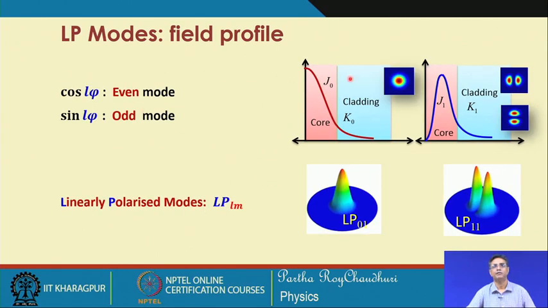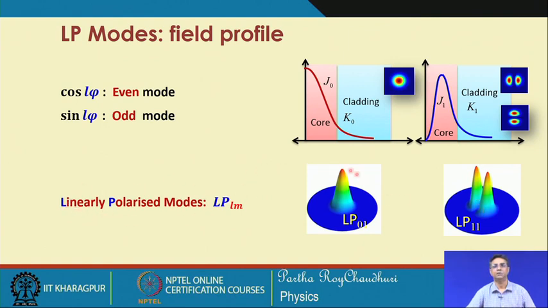The fundamental mode J 0 and K 0 will define this mode picture. The intensity, that is the amplitude of the field, will be maximum at the center and will be falling and finally decaying in the cladding. Here the intensity at the center will be 0, then it will grow up and again fall in the cladding, but there will be zeros, because L equal to 1 will give you a 0 at the center.